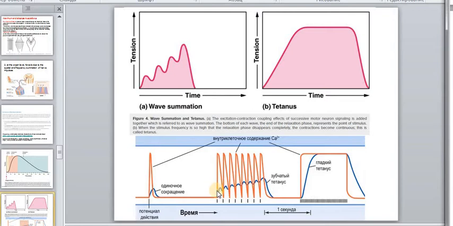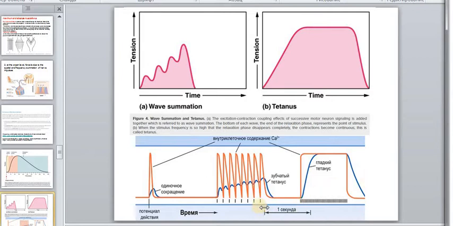This response is called wave summation, because the excitation-contraction coupling effects of successive motor neuron signaling are summed or added together.